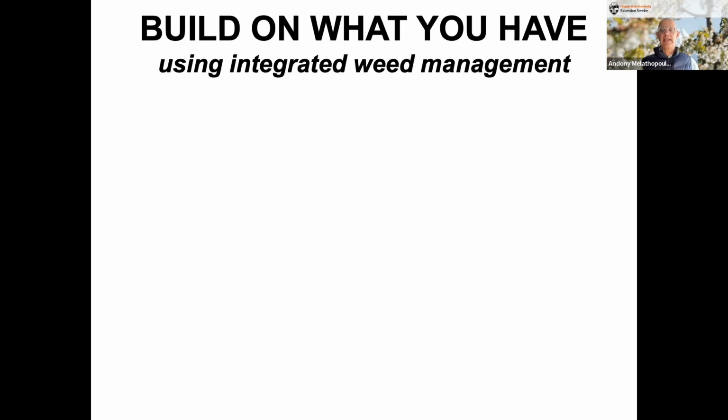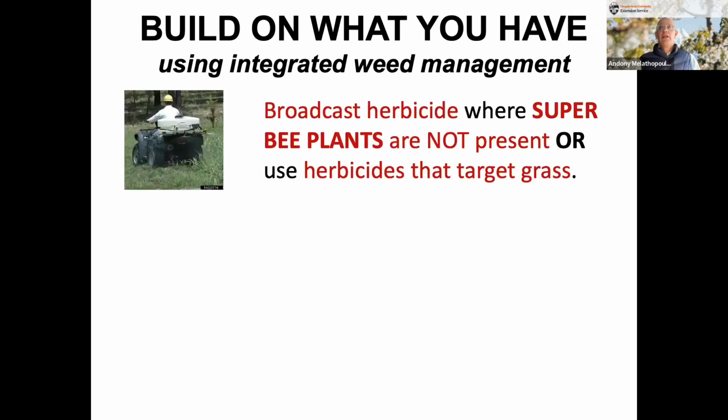And so I would say the key steps that you want, if you've gone through your property and you've noticed you've got some good bee plants, it's surrounded by weed pressure, got cheatgrass or something. So the first thing is, don't broadcast herbicide where you've got a good density of these good bee plants. You only use broadcast herbicide to deal with weed problems where you don't have a lot of these bee plants present.